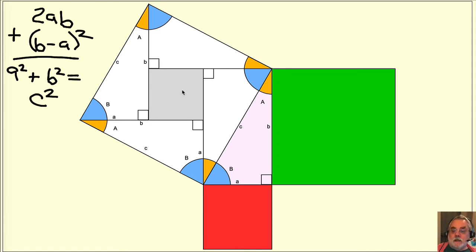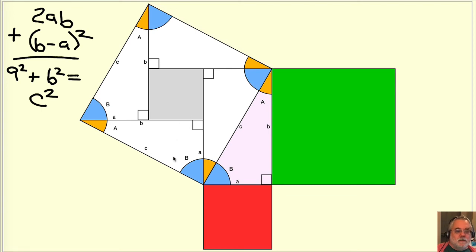Each triangle's area would have been 1/2 A squared, and the four together would have been 4 times that, or 2A squared, which would equal A squared plus B squared, since A equals B in that case, equals C squared.